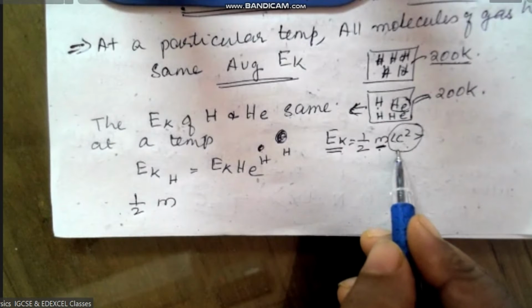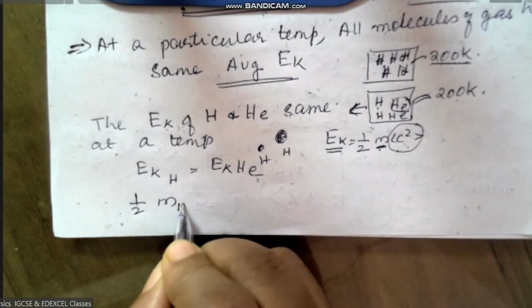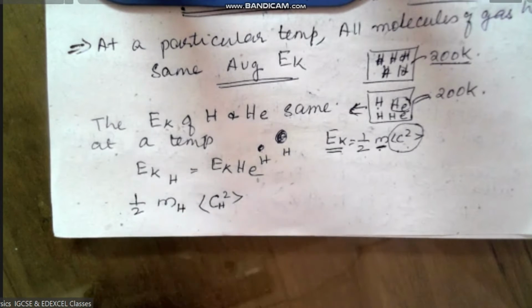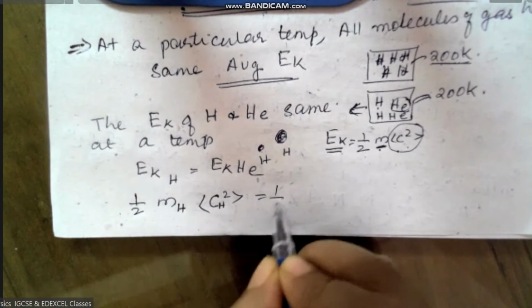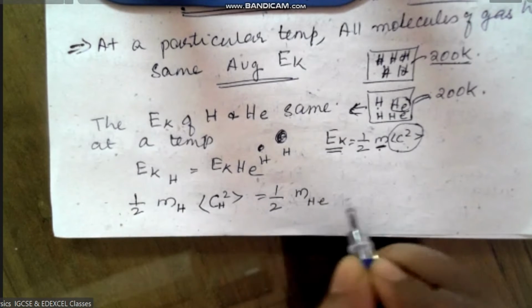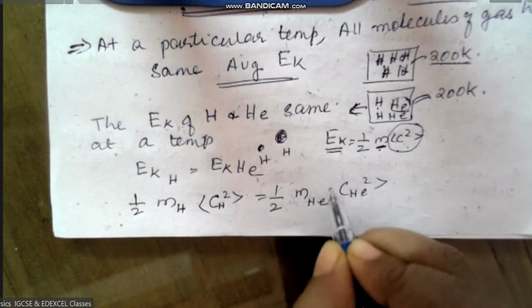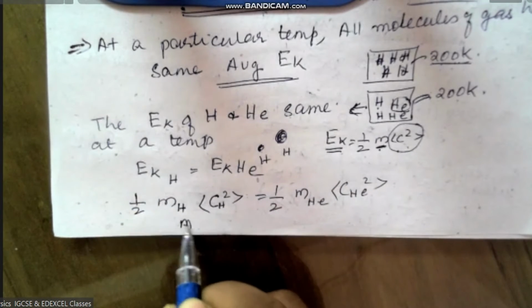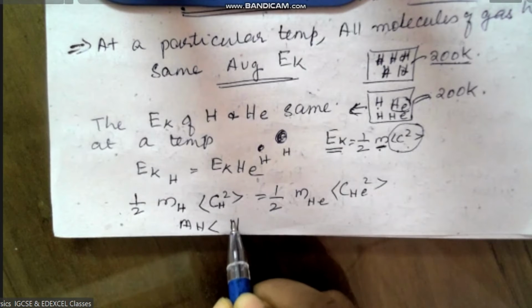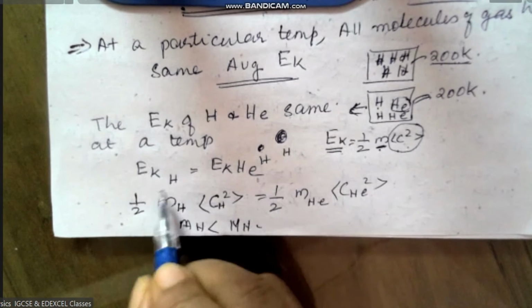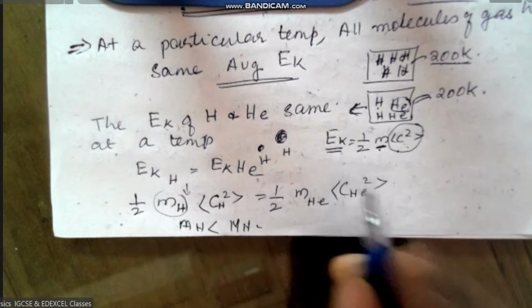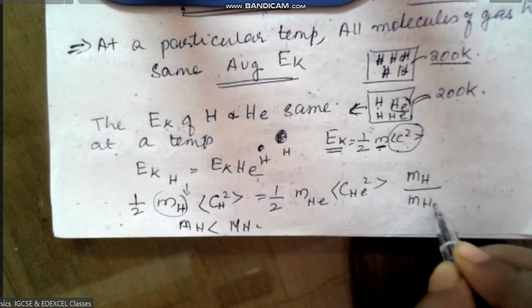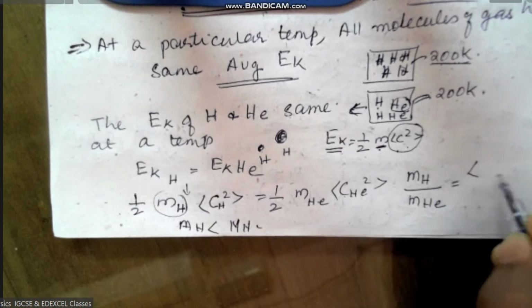Okay, so that means the kinetic energy of hydrogen should be equal to the kinetic energy of helium. That means half the mass of hydrogen into c of hydrogen squared should be equal to half the mass of helium into c of helium squared.